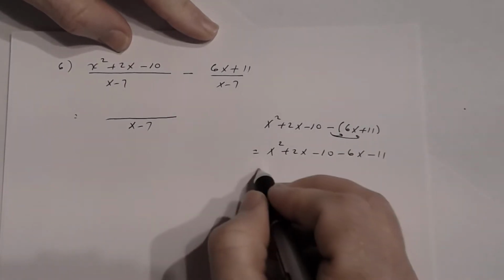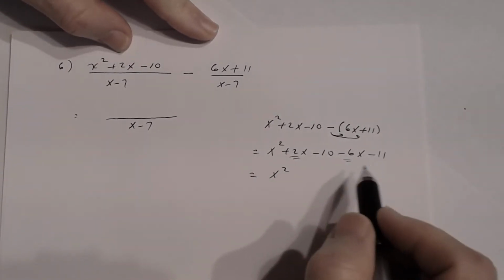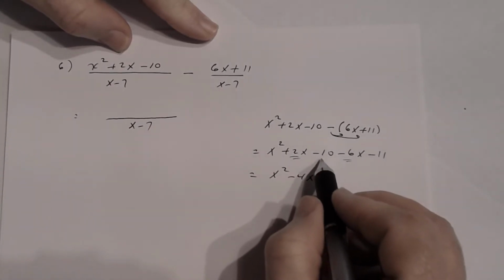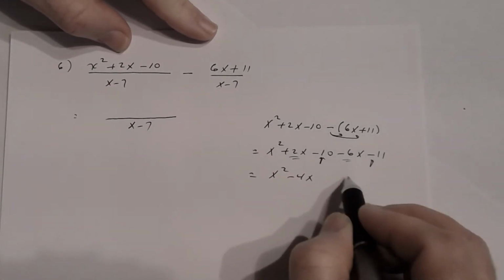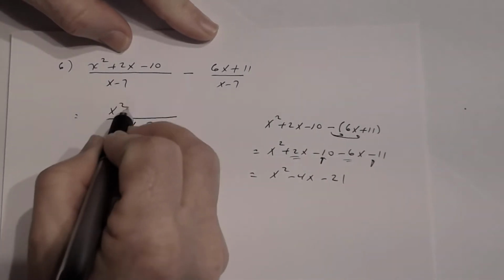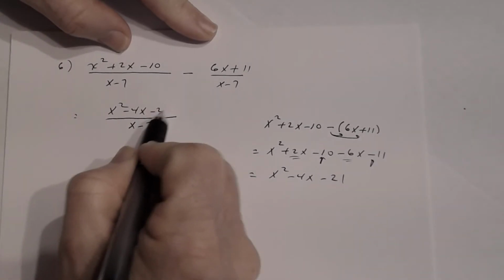Then combine like terms. I get x squared, and then 2x and a negative 6x is a negative 4x, and I'm putting it in descending order. And then negative 10 and a negative 11 is a negative 21. So that's the numerator: x squared minus 4x minus 21.